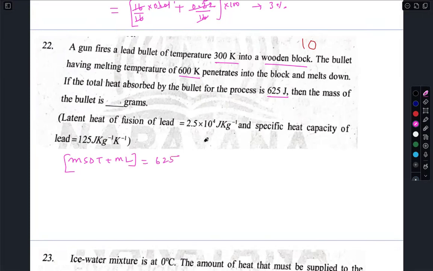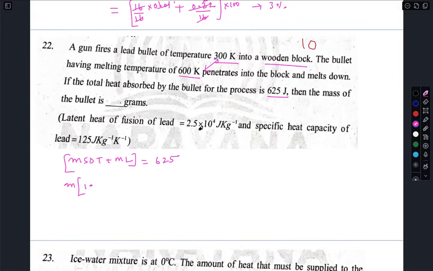Is it right or not? So m times, yes, they have given 1 and difference of temperature 300, where temperature difference is 300 Kelvin.